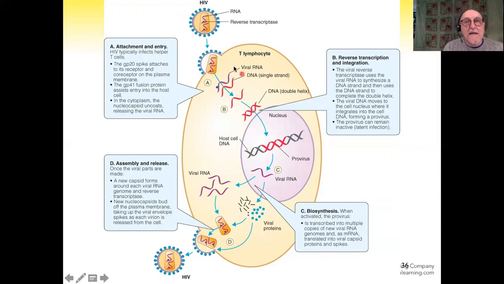Now the cells which it infects, the most abundant and most important group of cells that it infects, are members of the immune system, and especially a group of cells called the helper T cells. It is the role of helper T cells to talk to other cells in the immune system and effectively interact with them to produce antibody.